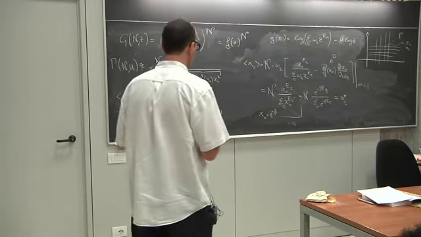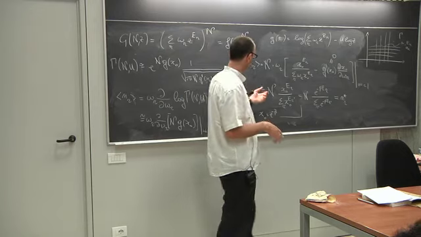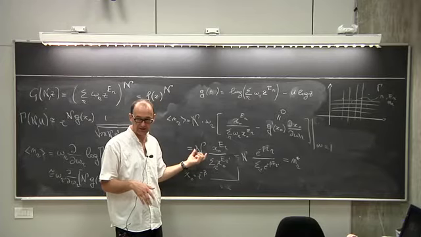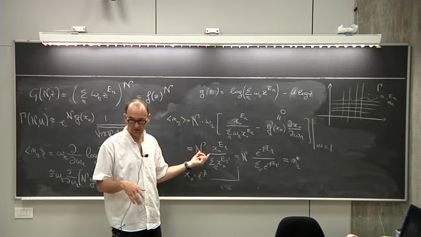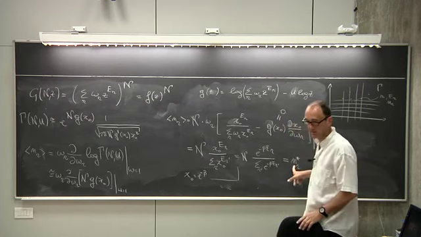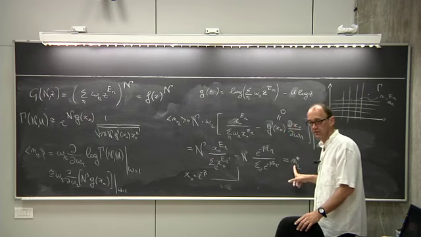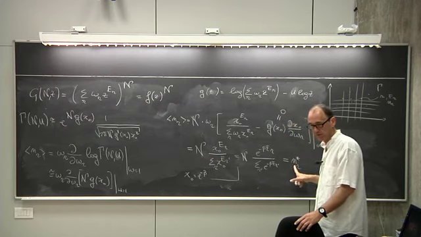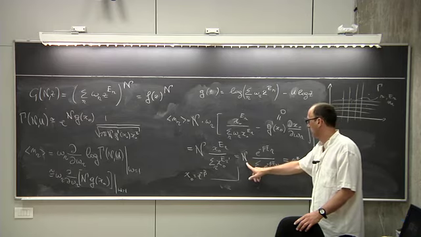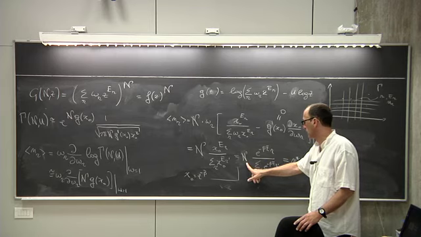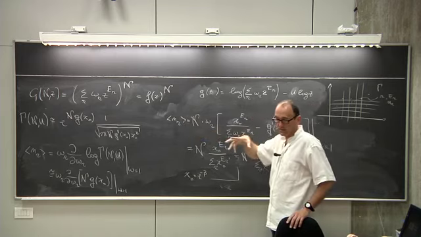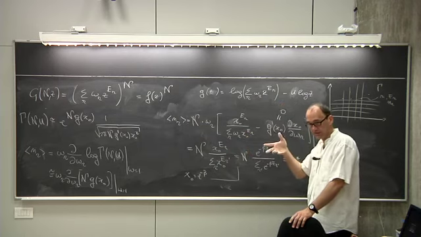So what we have used is that this is true when this n, the number of macrostates, is very, very large. And we have used it when we computed this number here, because we used the Stirling formula. You remember? And we used it when we computed this number here, because essentially we did this expansion around the saddle point.